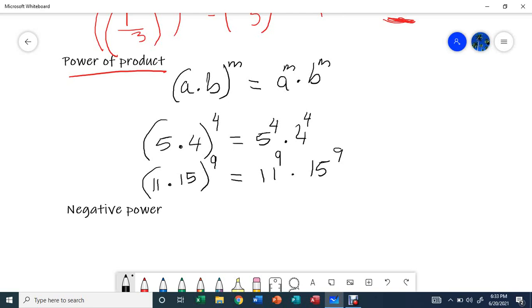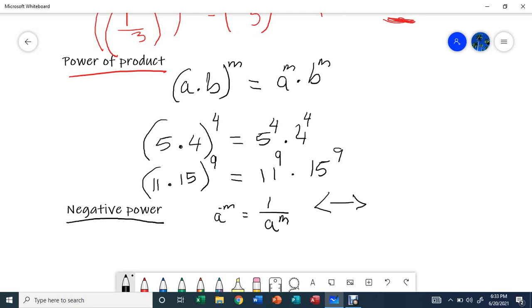And now let's talk about negative exponent. The negative exponent is when you have A and raise it to some negative number M. So you change the negative power to positive, but you do the reciprocal, so 1/A to M. And that actually goes two ways.